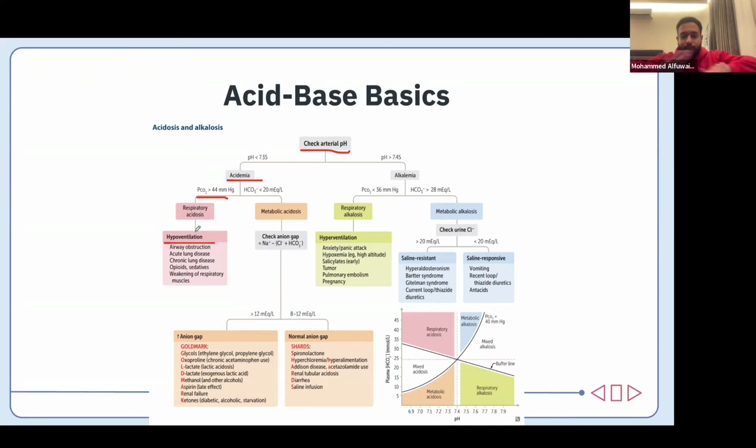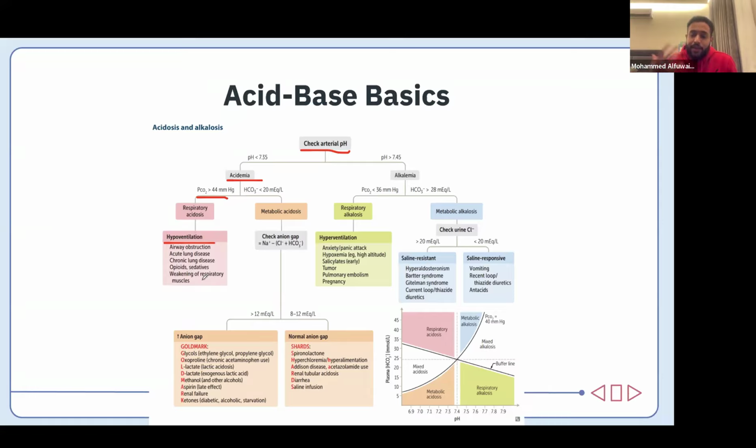You don't need to remember it, but think about it: obese patients have low inspiratory effort, low respirations, so they'll have hypoventilation by default, so respiratory acidosis. And then you'll have opioids, which will cause respiratory depression and some other stuff.